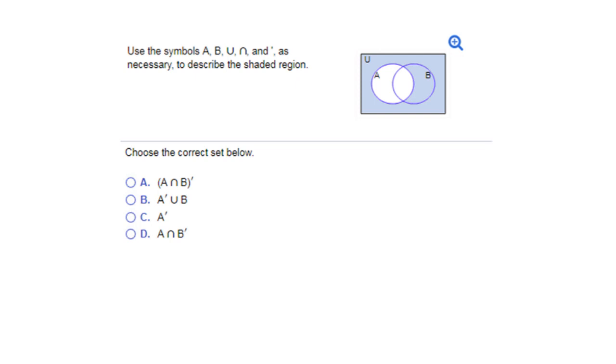That means everything outside of A is shaded, so I would consider what's outside of A to be the complement of A. So the answer for this is C. Once again, we're looking for the shaded region, and anything outside of set A is considered the complement of A.